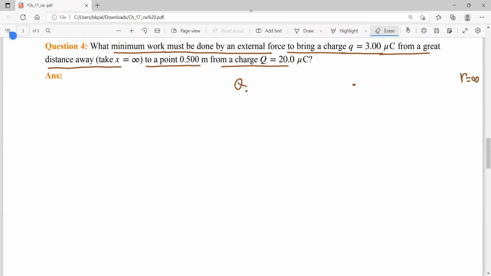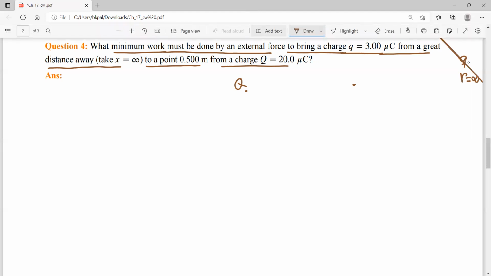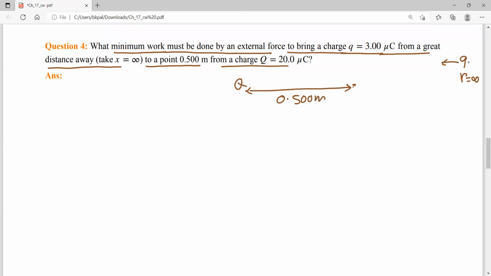So you are trying to bring a charge whose magnitude is 3 microcoulomb from r equal to infinity to r equal to 0.500 meter.